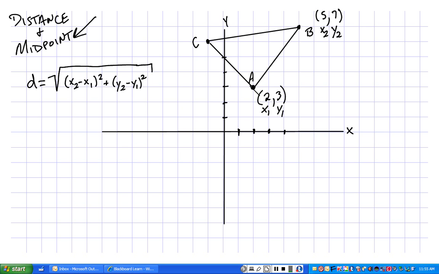Okay, so we have a triangle formed here, and so I could ask, what is the perimeter of this triangle?